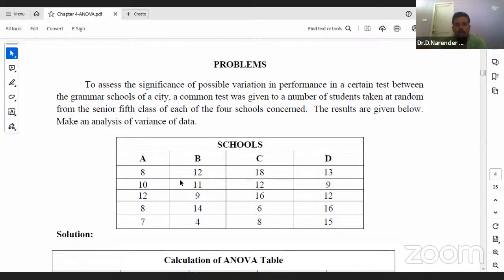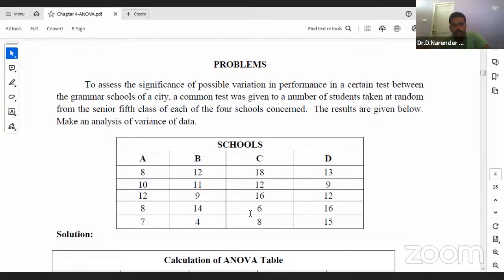C: 18, 12, 16, 6, 8. Then D: 13, 9, 12, 16, 15. So this is the given question. Observe carefully: in all columns, everything is there, so this problem is called an equal-size problem. An unequal problem means in some column a number will be missing. Whether equal or unequal, we have to follow the same procedure. In the procedure, there is no doubt.